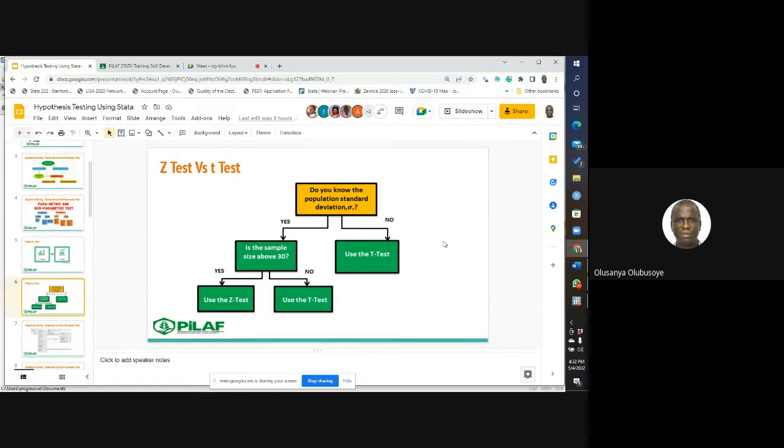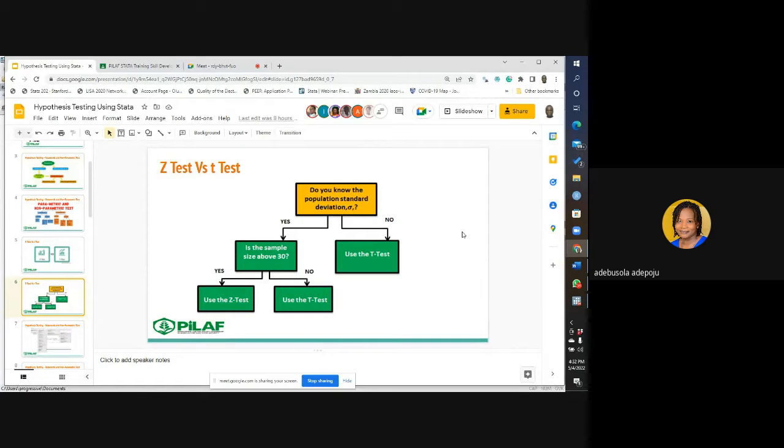Look at this. Are you able to see my screen? Yes, I have the screen. Okay. So if the population standard deviation is not known, and the sample size is more than 30, which part of this diagram falls to that condition?